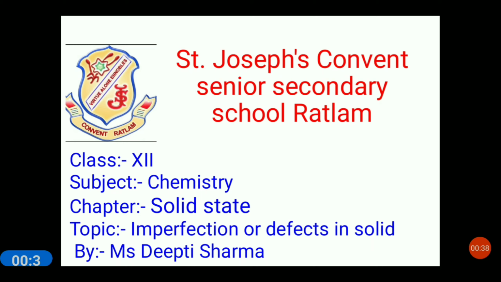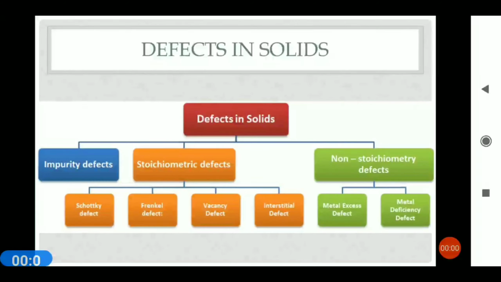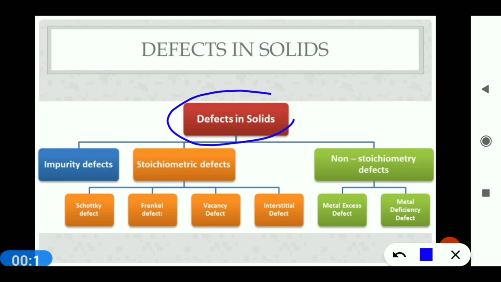So let's see. Now in defects in solid you can see a very easy flow chart. Defect in solid is categorized as stoichiometric defect, non-stoichiometric defect and impurity defect.